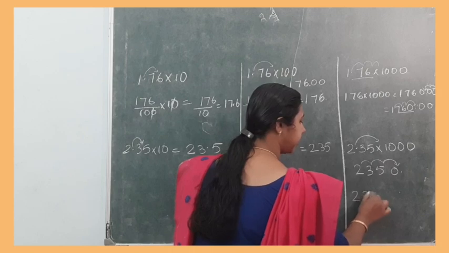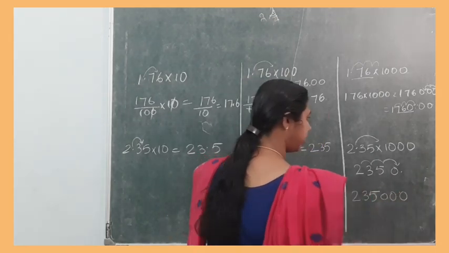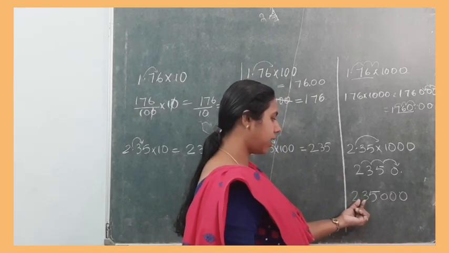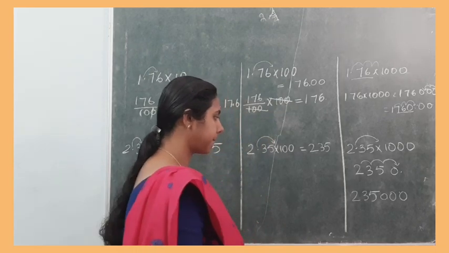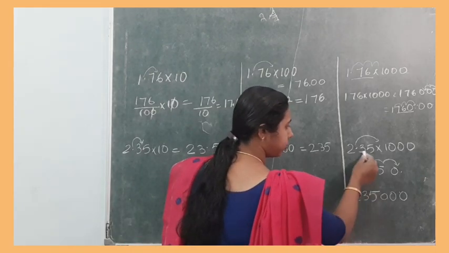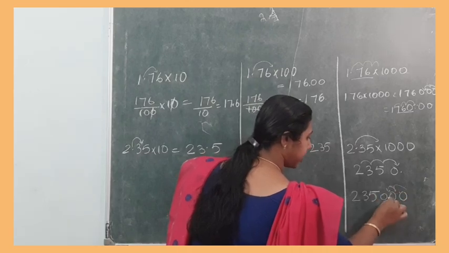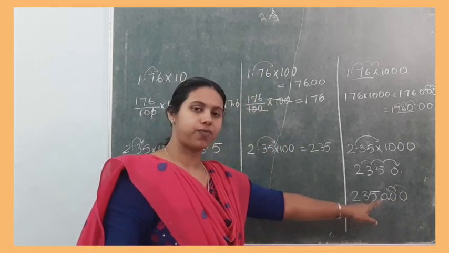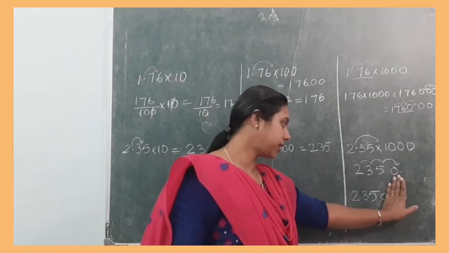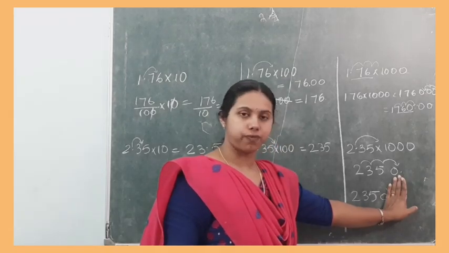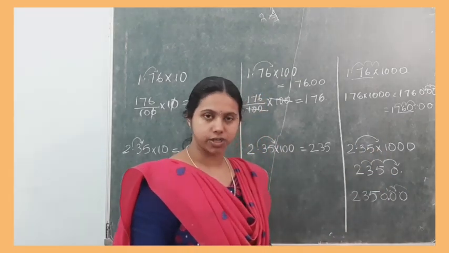So the answer is 2,35,000. Then there are 2 decimal places, so you should put 2 decimal places. So the answer is 2350.00. There is no value for this 0, so the answer is 2350. So the decimal point moved 3 places to the right.